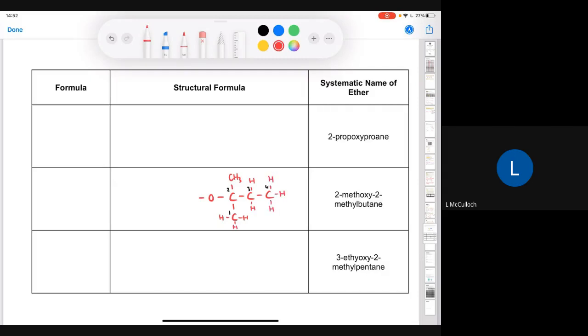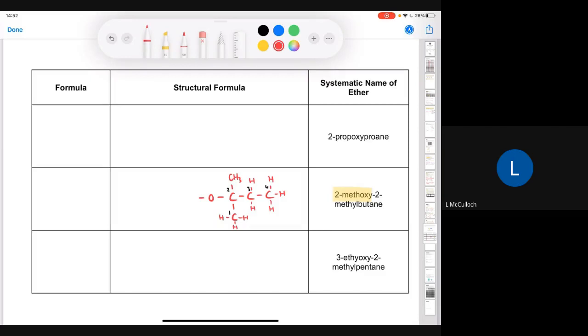So that's me drawing 2-methyl butane, and I've also got the oxygen coming off of the second carbon, and I know that's the case because it's 2-methoxy. Okay, 2-methoxy, that's what tells me that the oxygen has to come off the second carbon, not the fact that it's 2-methyl. Okay, 2-methyl tells you that there's a methyl group on the second carbon. 2-methoxy tells you that the alkoxy comes off of the second carbon.